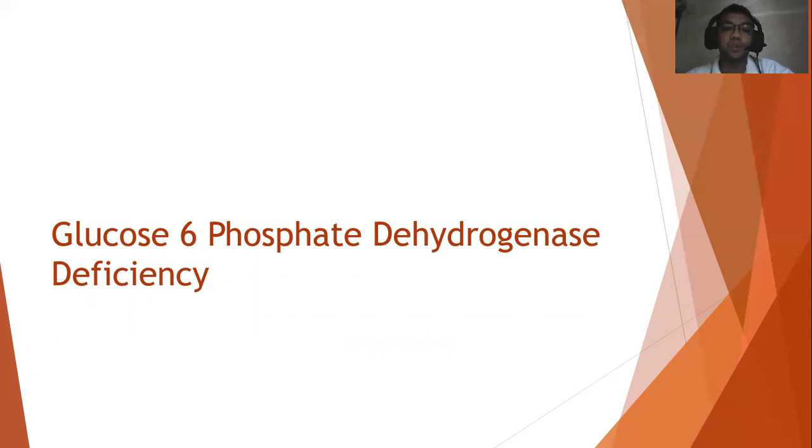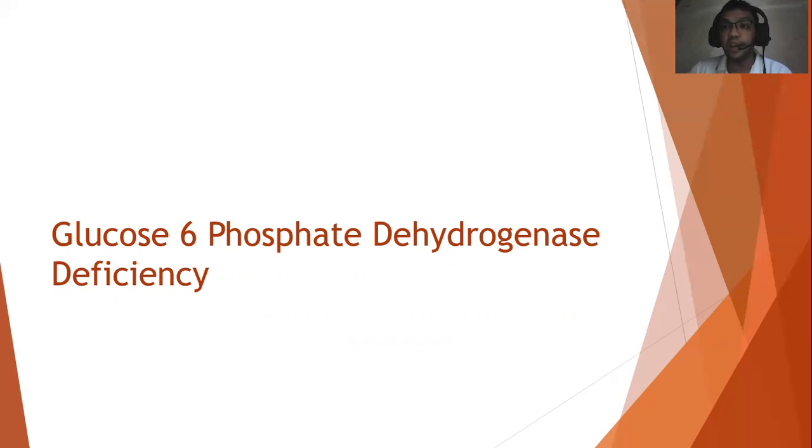Now we go to glucose 6 phosphate dehydrogenase deficiency. Take note, this is one of the conditions that are being detected on newborn screening, G6PD deficiency. Aside from this, there are other diseases diagnosed or determined through newborn screening. What are they?